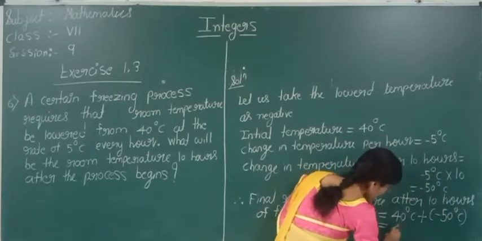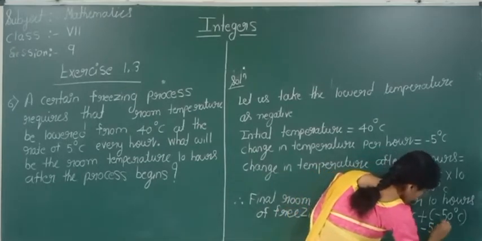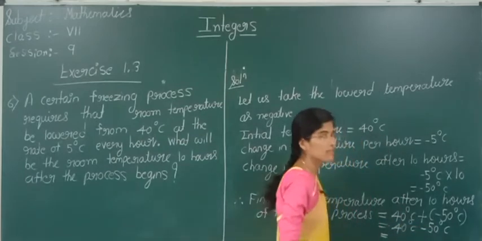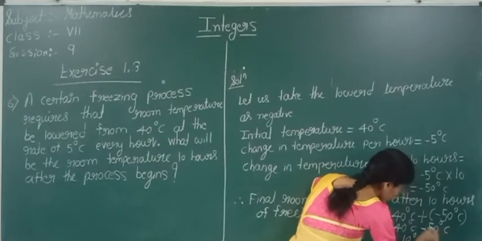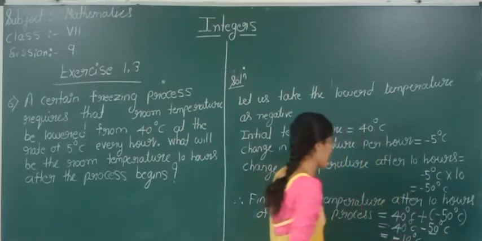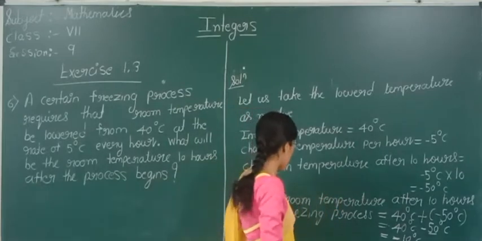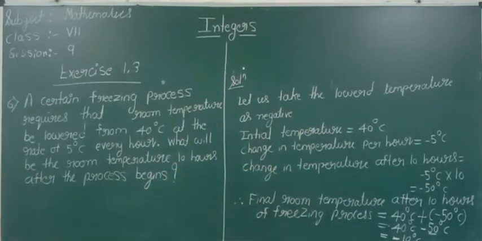Now solve this. 40 degrees Celsius minus 50 degrees Celsius. Say plus minus is minus, 50 minus 40 is 10. 10 degrees Celsius, the bigger number is 50, and 50 has the minus sign. Therefore, the final room temperature after 10 hours of freezing process is -10 degrees Celsius. We will see the next problem.